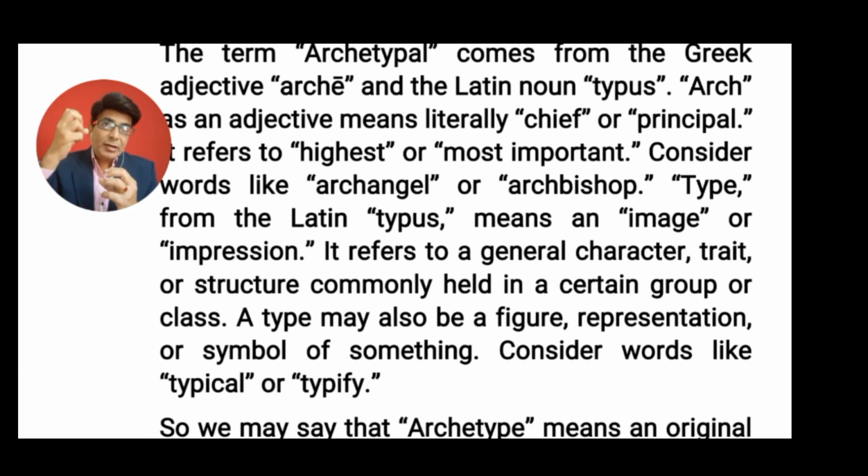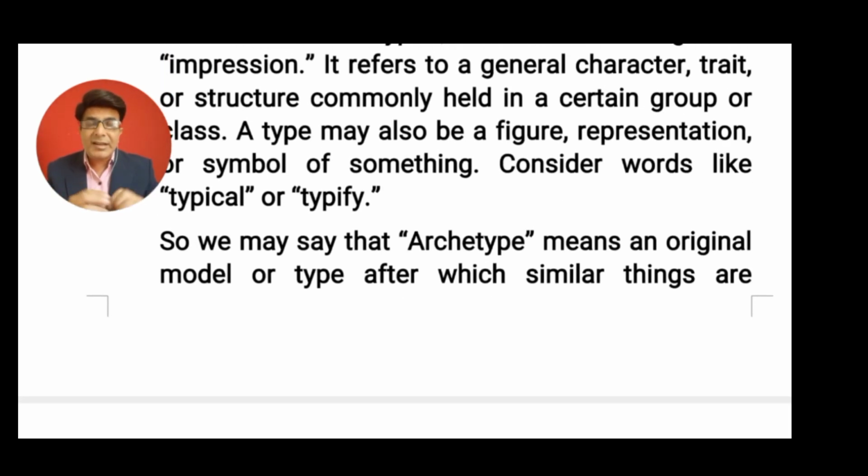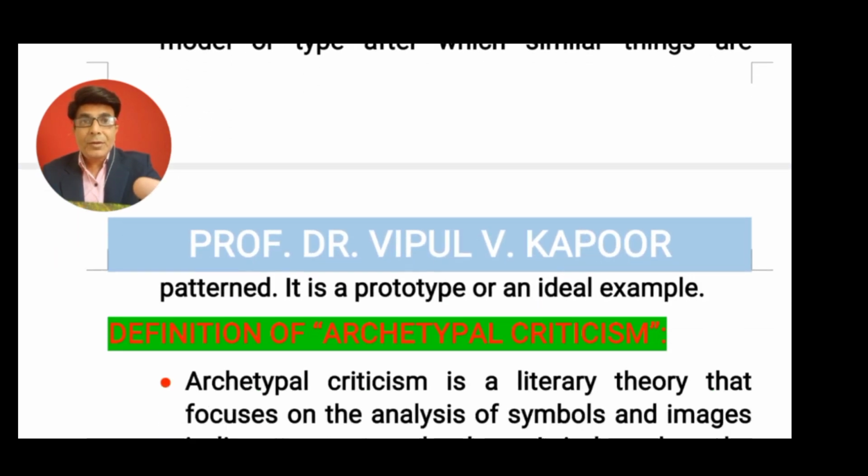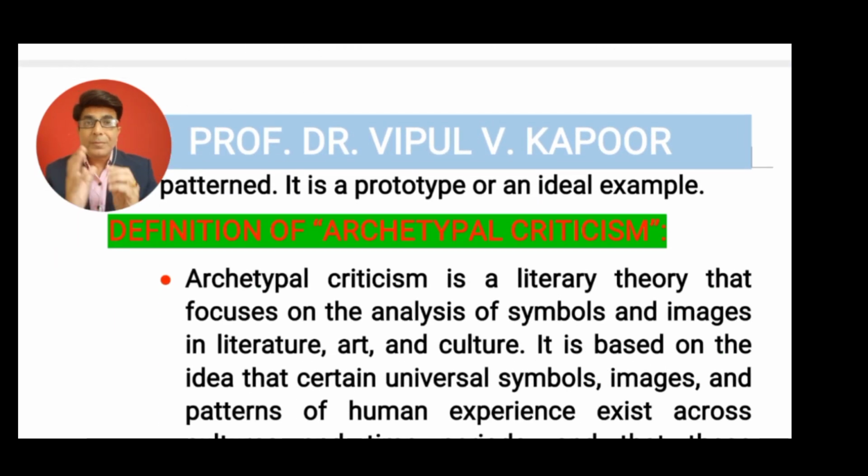So arch means the most important, and typical means general. So most importantly, some general or universal ideas are inherent in human psychology, and these inherent universal ideas are known as archetypes. So that is the meaning of the term.